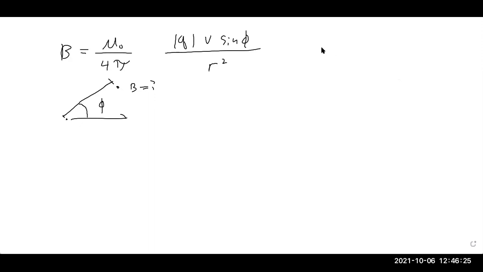To get to the actual magnetic field instead of just the magnitude, just turn it into a cross product. This cross product is what's giving us the sine phi term.